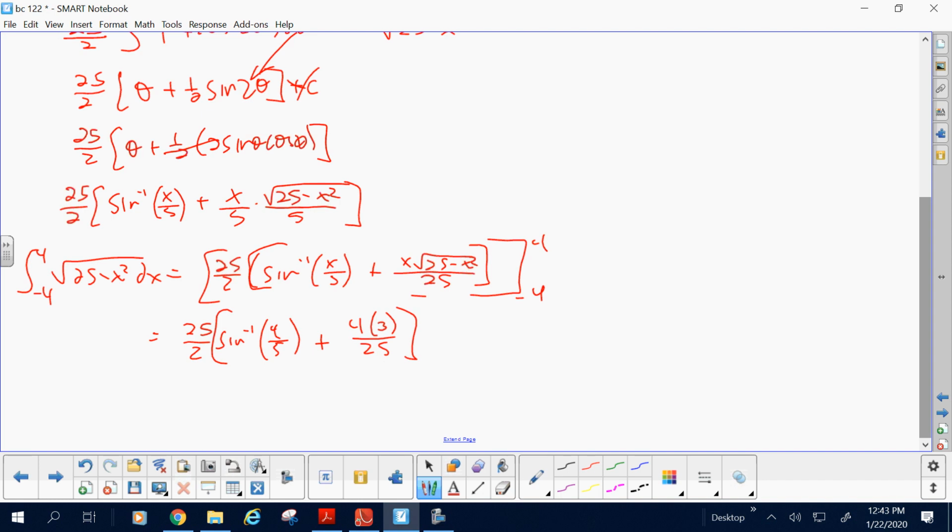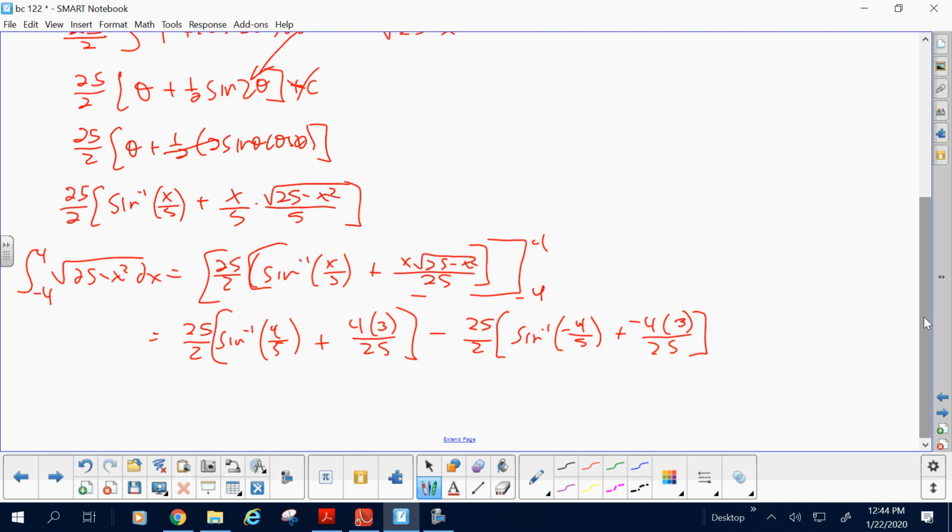Alright, minus 25 halves, and negative 4 goes in, inverse sine of negative 4/5. Oh, I wonder if they used even odd to clean this up. It just occurred to me you could clean this up. Negative 4 times 3. This one is negative 4 times 3 divided by 25. Are we cool? So I think on my paper I just stopped there, but did they combine these?